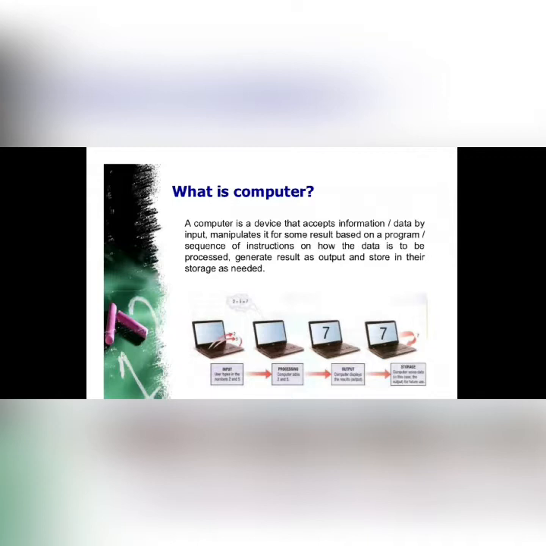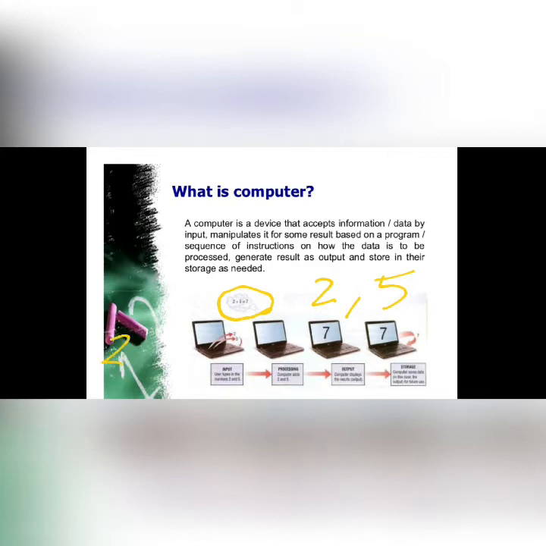So let's understand with an example. Here one example is taken: 2 plus 5, and the calculation is to be done by the computer. What is the input? Input will be 2 and 5. These are input numbers. Then processing: the computer will add 2 and 5.